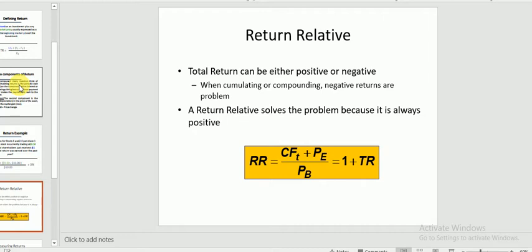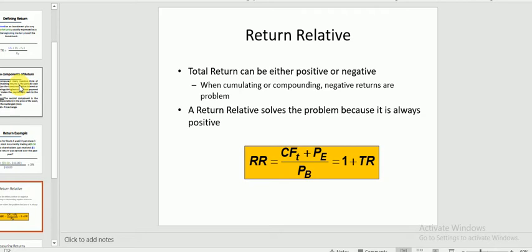For example, for the two companies A and B, you can say X and Y, company A has its own returns and company B has its own returns.